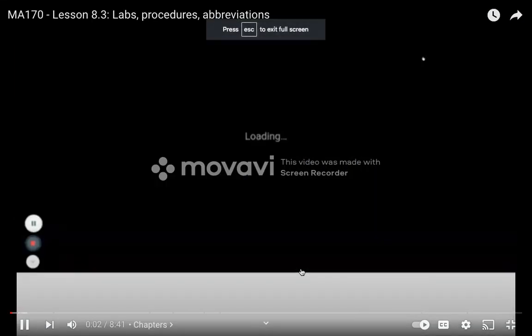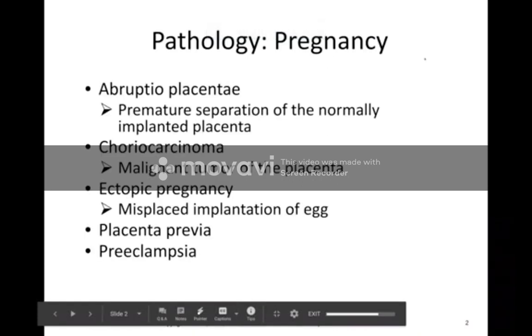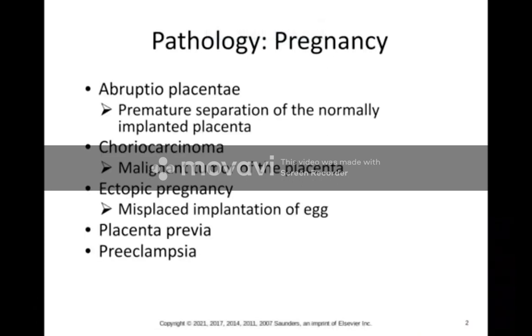All right, this is lesson 8.3. Pathology of pregnancy. Abruptio placentae. That is the premature separation of the placenta, which should normally be implanted. Choriocarcinoma. That's a malignant tumor of the placenta. Ectopic pregnancy.